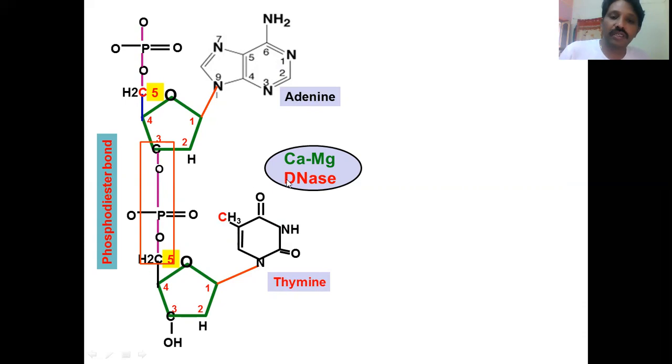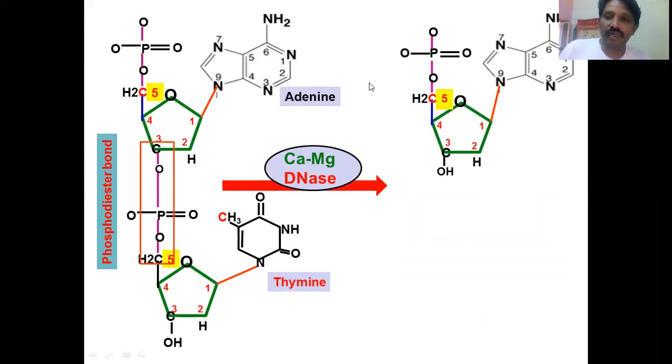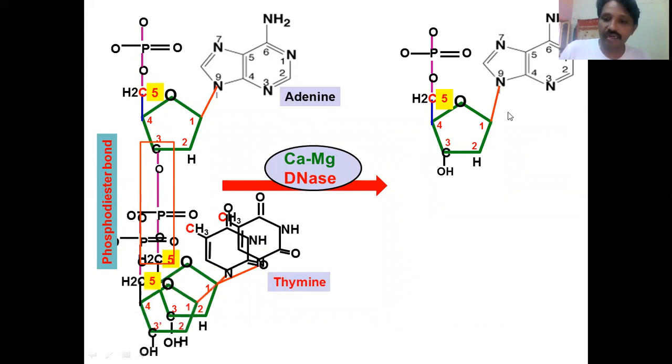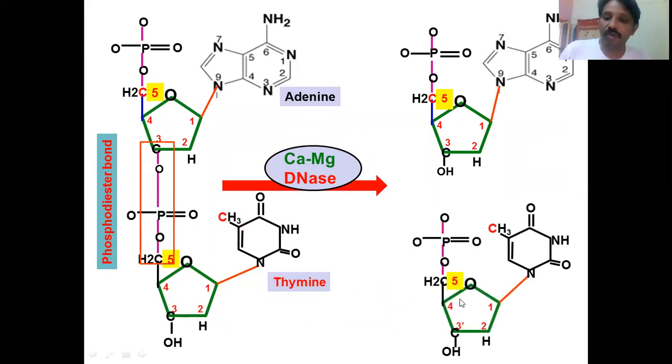This DNase breaks down one of the C-O-P bonds, and separates the nucleotides, right? Here you can see adenine and thymine, which are mononucleotides, released after digestion with DNase I.